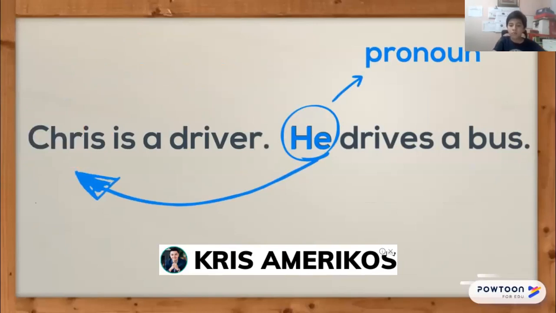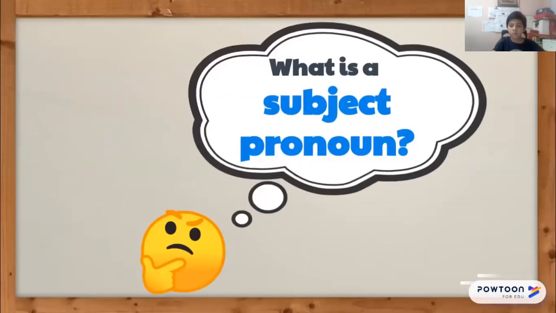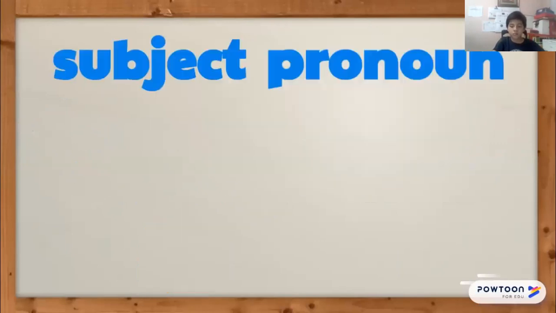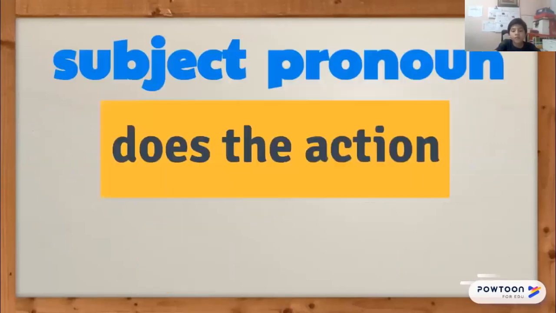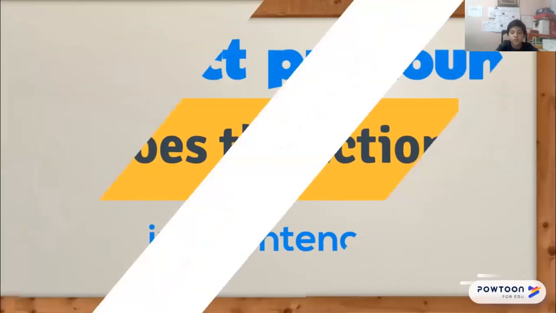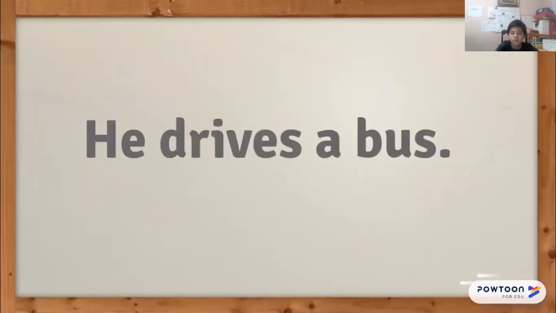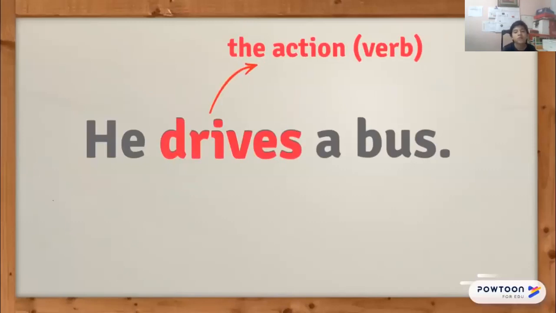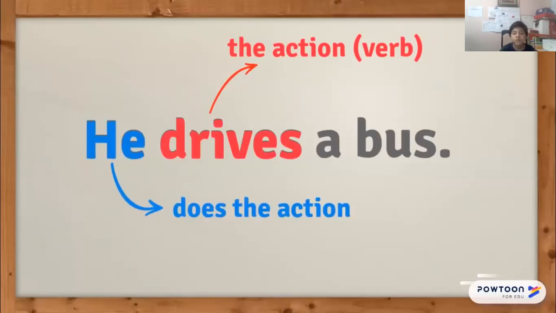So, what is a subject pronoun? A subject pronoun is a pronoun that does the action in a sentence. Let's take a look back at our example. He drives a bus. In this example, the word drives is the action, it's a verb. The pronoun he does the action.